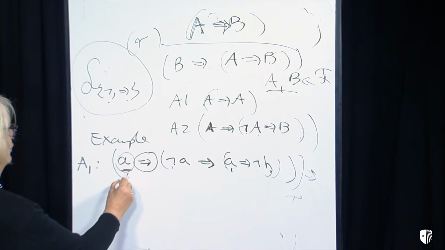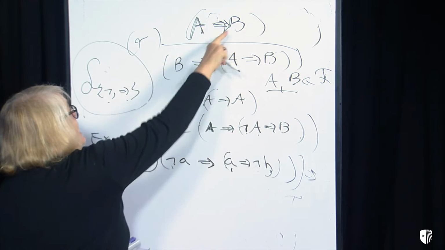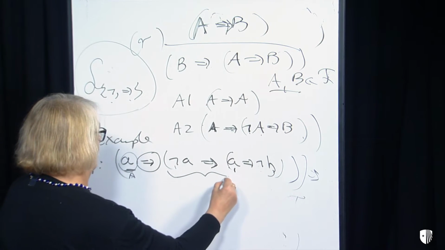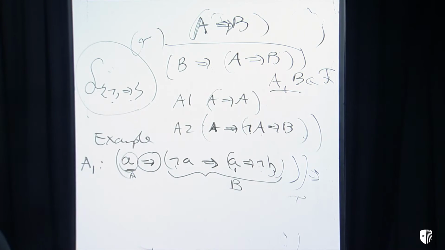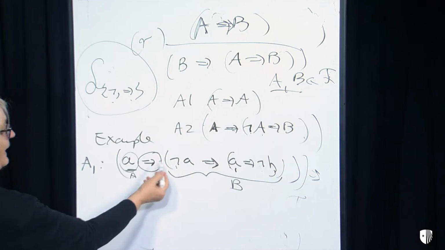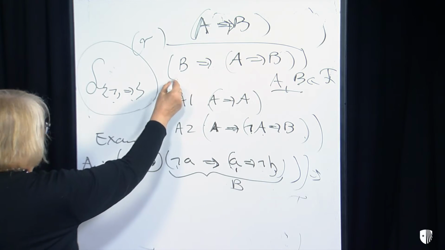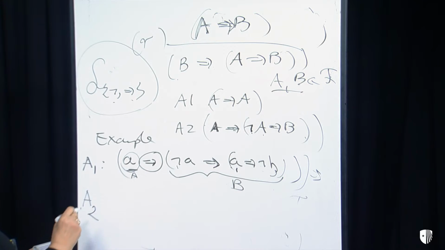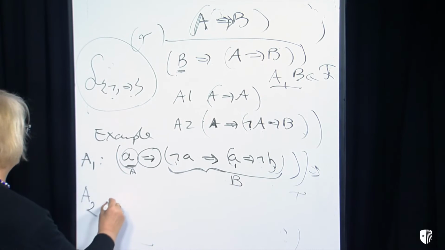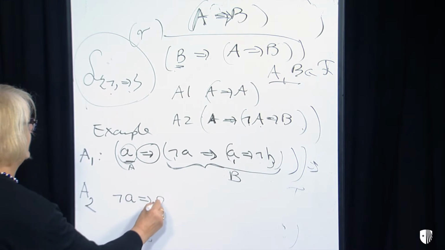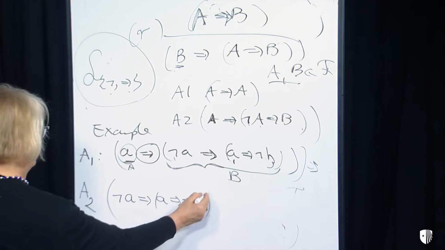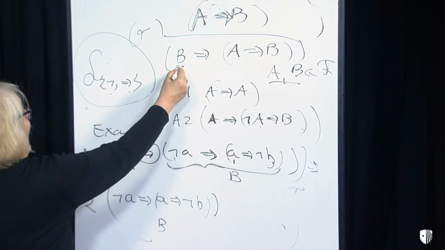So for the rule, this is A, and that in that is the whole B. So the rule says if I have A implies B, I can write as the second conclusion what? B. So B is the whole thing, so you write not A implies A. You write the whole B.